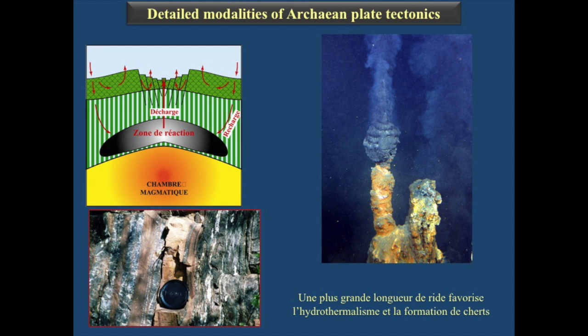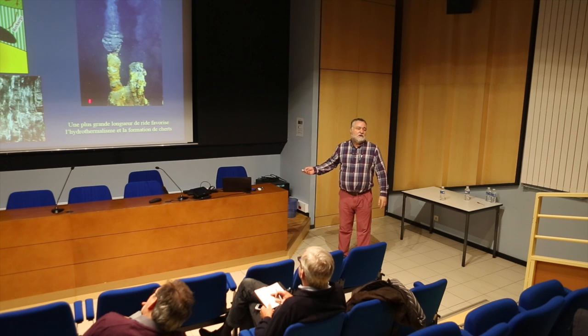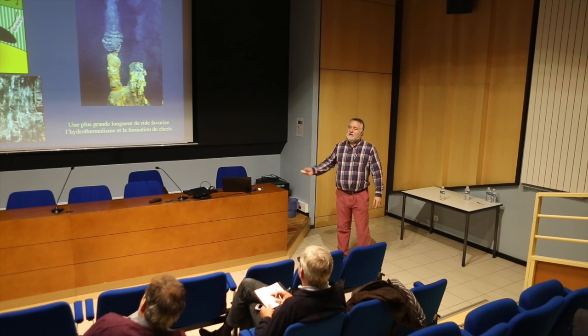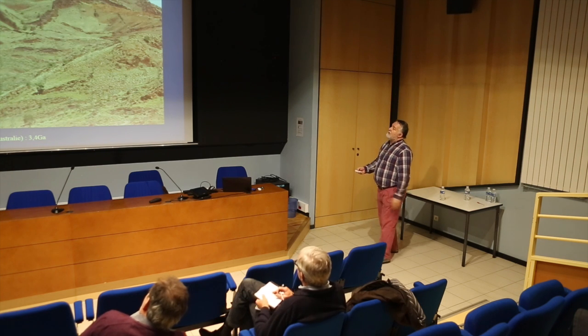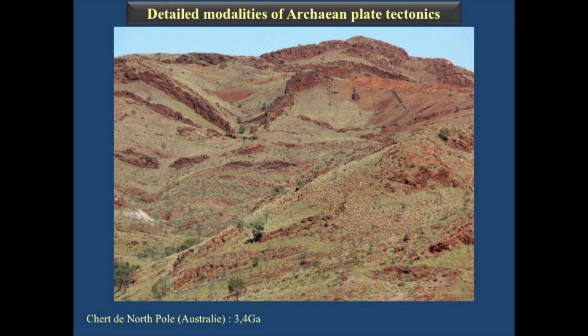Another interesting point is that if you increase the length of the ridge, you will increase the amount of black and white smokers and of hydrothermal vents. And we have seen that in Archaean terrains there is a huge quantity of this system, of this chert. There is more chert than today. So this is consistent with a longer ridge system.